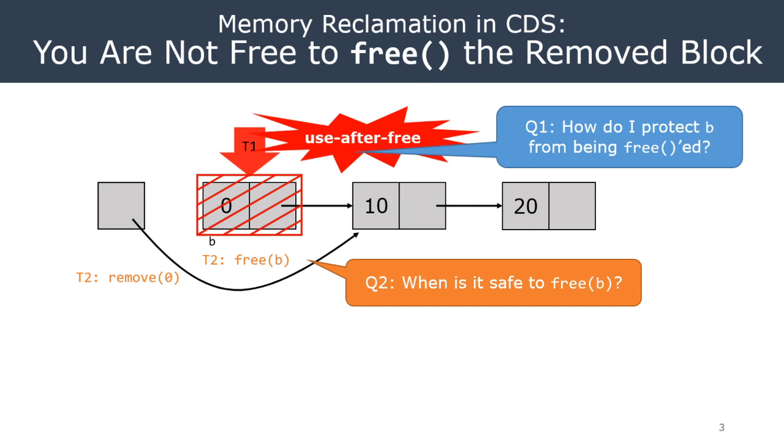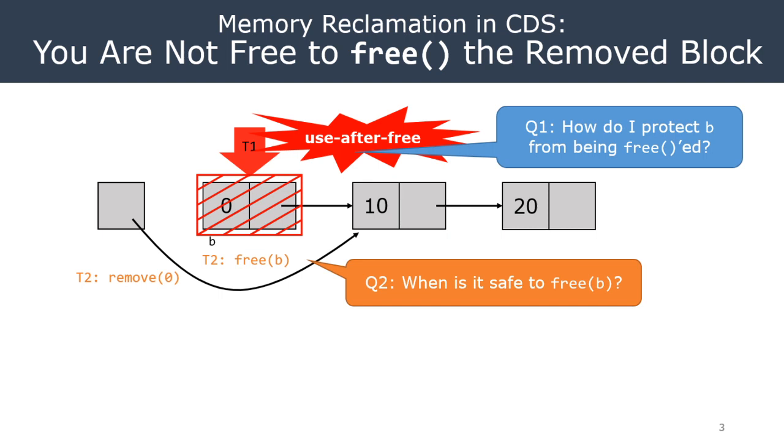But then how do we determine whether all the threads finished accessing the block B? Only after all the threads finish accessing the block B may T2 safely free the block. So T2 is very interested in knowing when it is safe to free the block B.